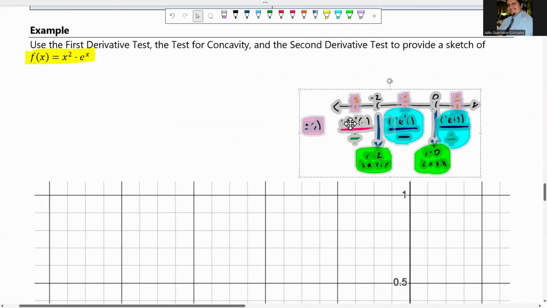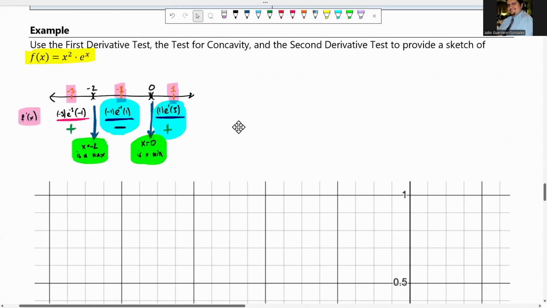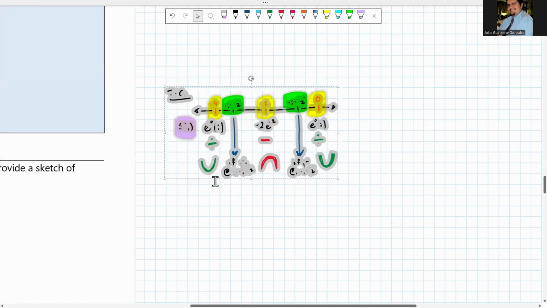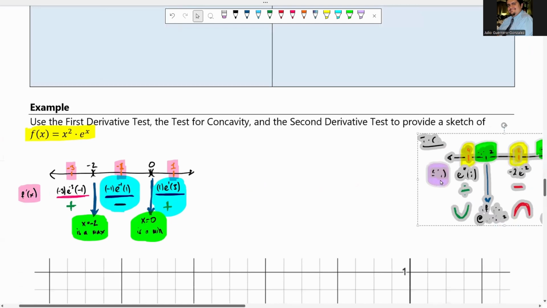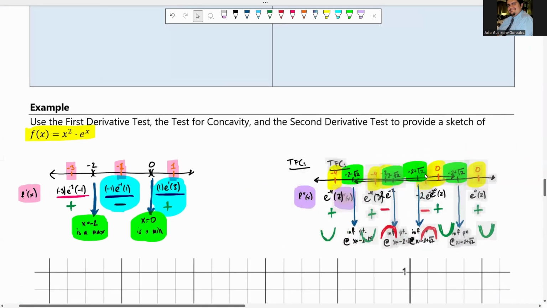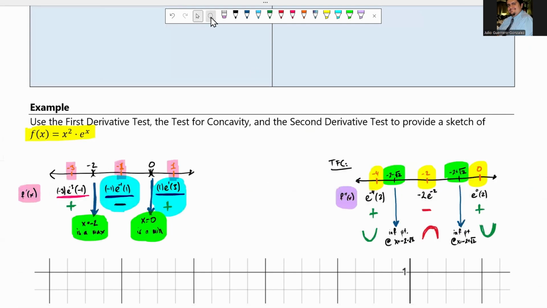Here is first derivative test results. And then I'm going to go over here and I'm collecting the test for concavity, second derivative test results from that example.